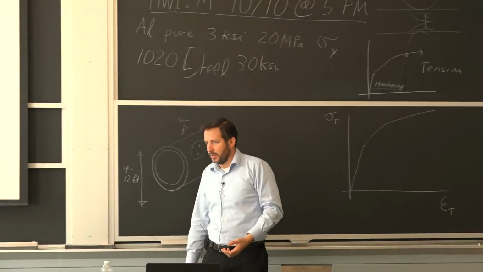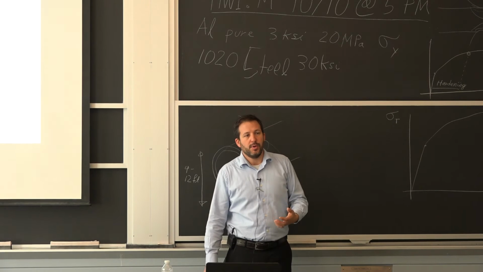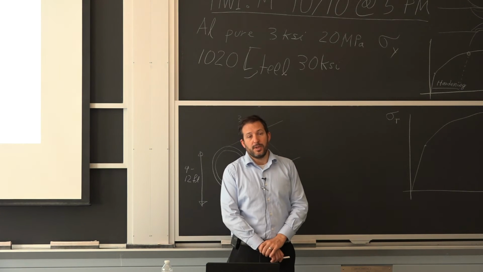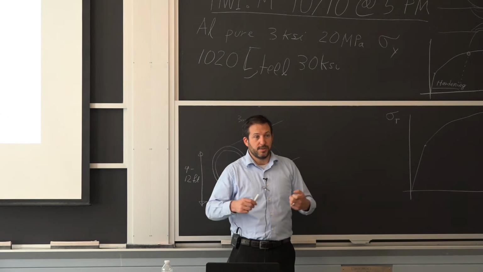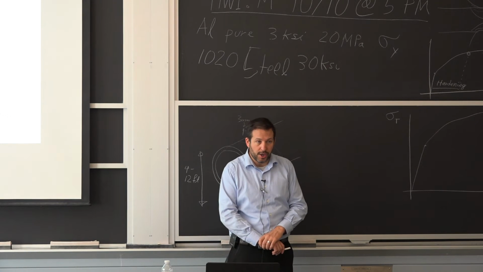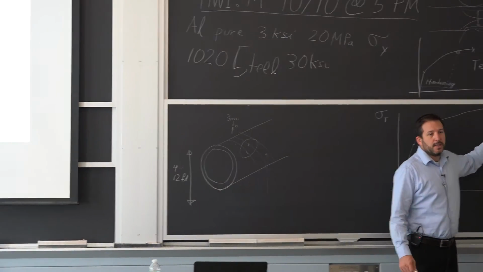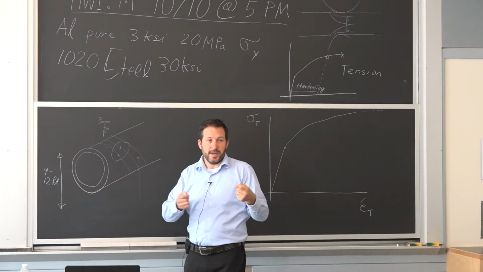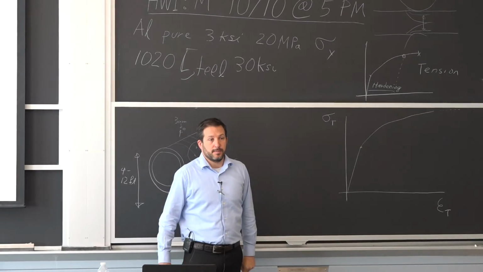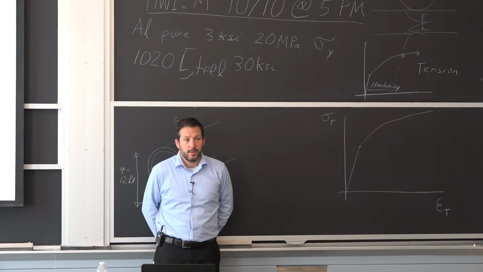But ultimately, you don't want to go too high if this is going to be an application in tension. If in the end you're going to be trying to pull on this, you need it to have enough hardening left. Because what happens when you reach here is, when you pull on it, it's going to start to neck and snap right from the beginning. So that's something you want to avoid.